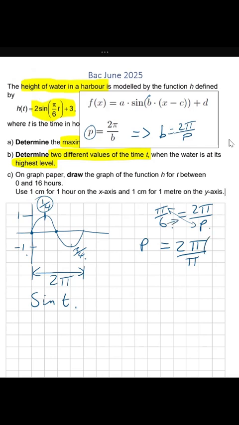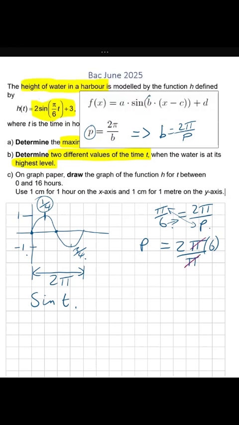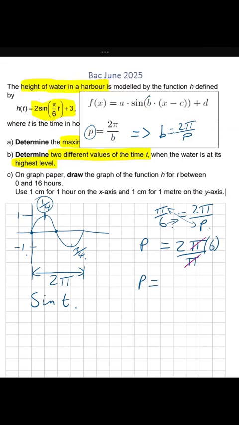So we're going to multiply this whole thing by 6. This is just basic algebra. I'm left with P equal to 2 times pi times 6 over pi. A little bit of nifty cancelling to be done. My pi cancels with my pi, and I'm left with P is equal to 6 times 2. And of course, 6 times 2 is 12.